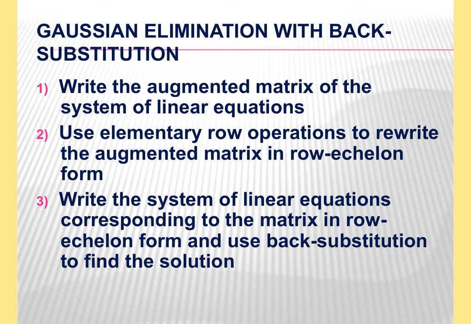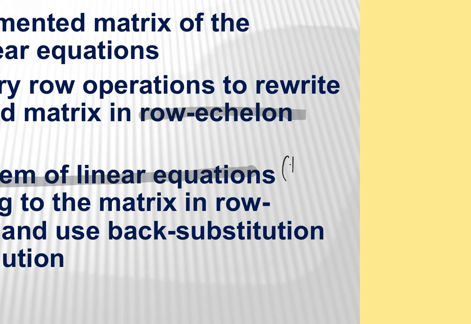So this is the first method, which is called Gaussian elimination with back substitution. Okay? All this is you're going to take your matrix, you're going to get it into row echelon form like we just did on the first example, and then we're going to write the system of linear equations, and it will be a triangle system.